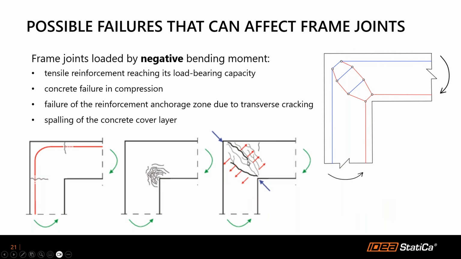You can either add detailing reinforcement, which is typically designed to 0.25 times the force in the compressive strut. So you catch the tensile forces that are equal to 0.25 times the compressive force by reinforcement.